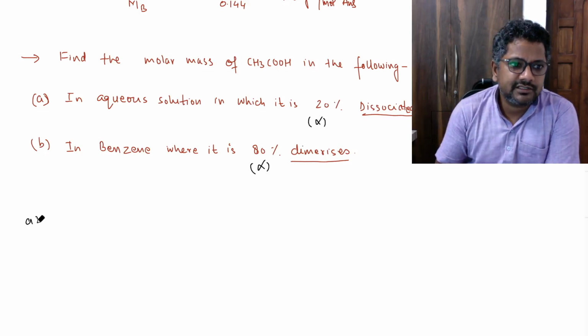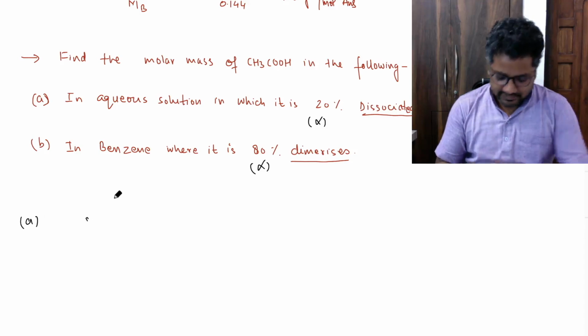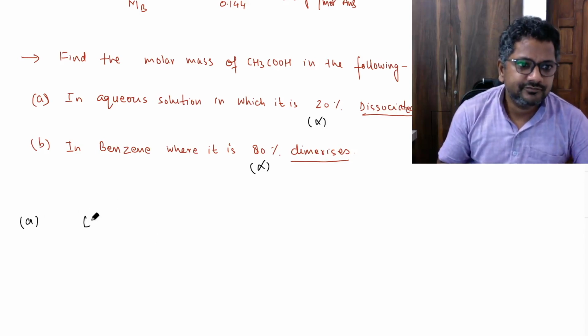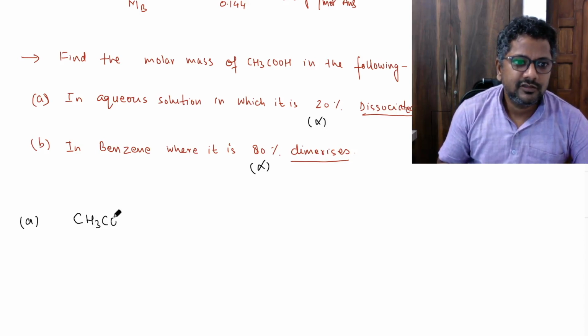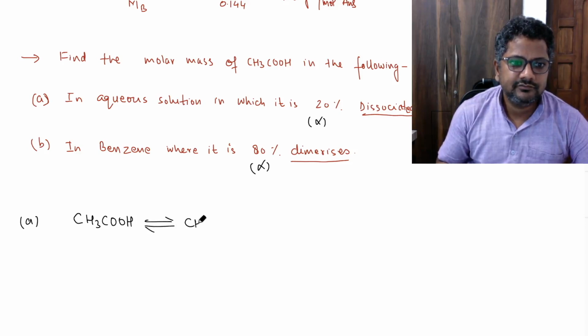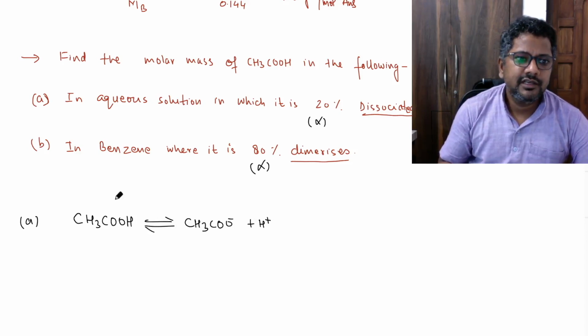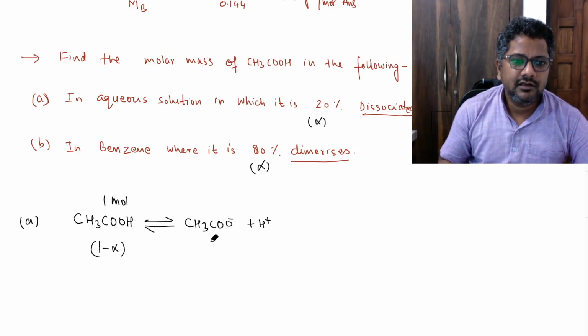So first case we can take up CH3COOH, it is dissociated like this, CH3COO minus and H plus. Initial moles not given, so can take 1 mole. So 1 minus alpha, alpha and alpha.